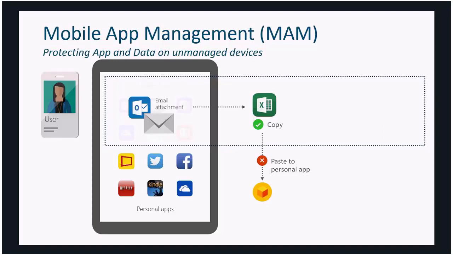So mobile application management is probably the least understood aspect of Intune. This means that the device is not enrolled. You have not enrolled this device. However, the user has registered this device.